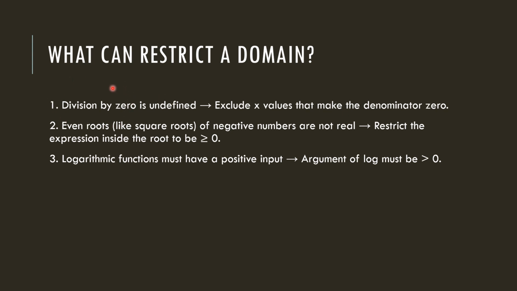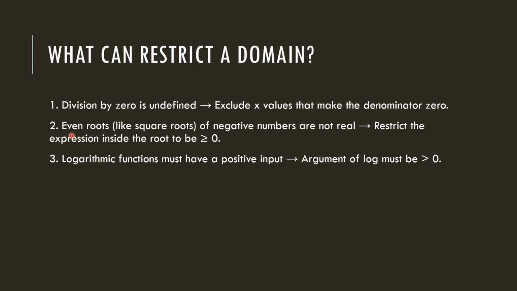Division by 0 excludes the x values that make the denominator go to 0. It means that whenever I have division, I can work with any x values except those that make the denominator 0.